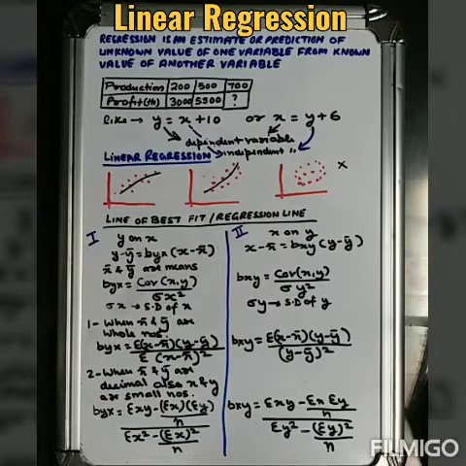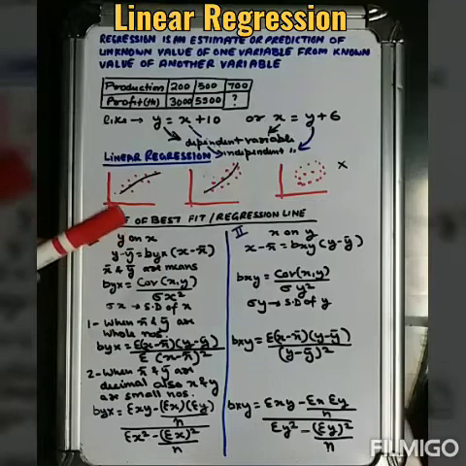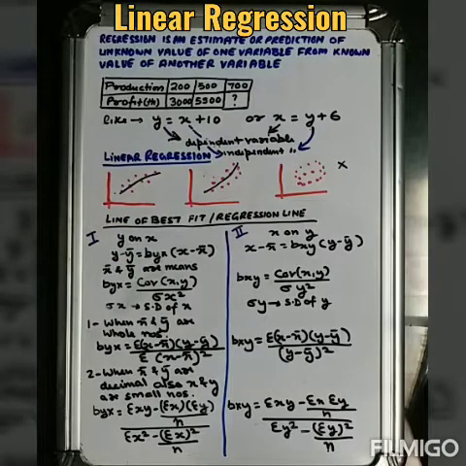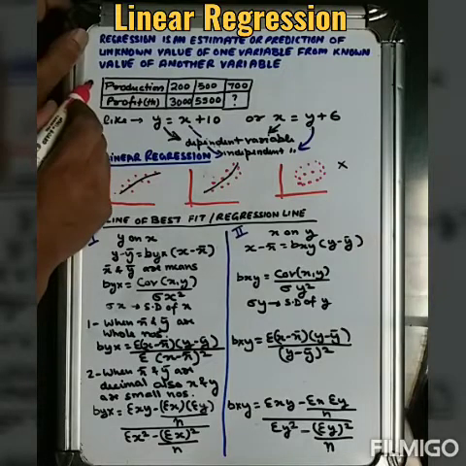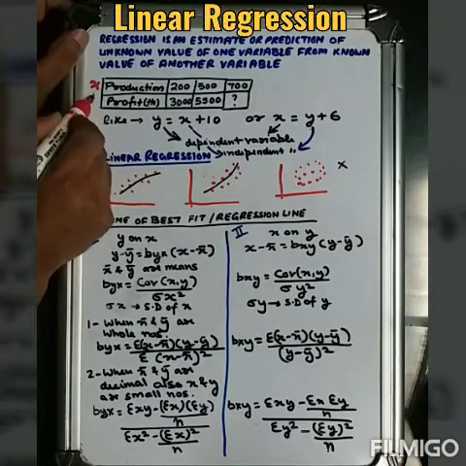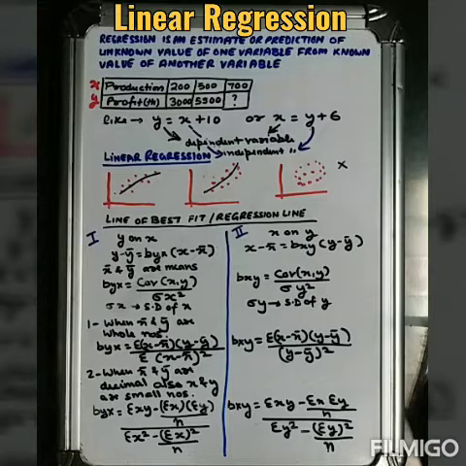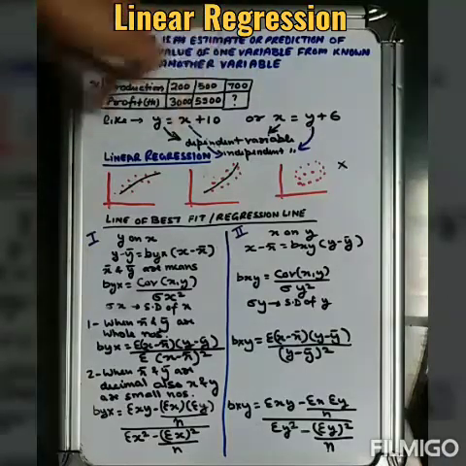Now if it is not asked which regression line you have to calculate, see what value you have to calculate. Suppose this is termed as x and this is termed as y, and see what is shown in this graph.